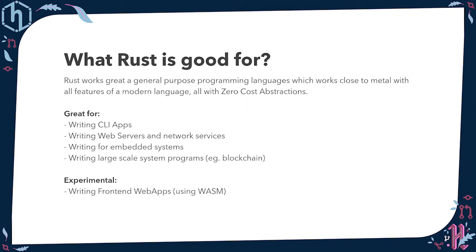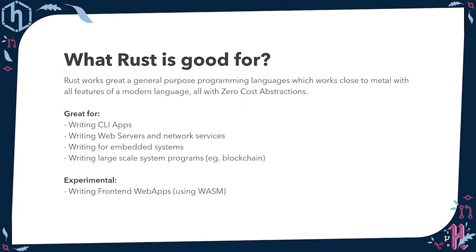Because as I told you, the binary size is very small. Embedded systems like your Arduino have a very small amount of CPU and memory on board, and you don't want to waste the CPU or memory just to run a heavy bloated programming language like Python, because obviously it won't fit in that memory and CPU. But Rust is a great language for that.